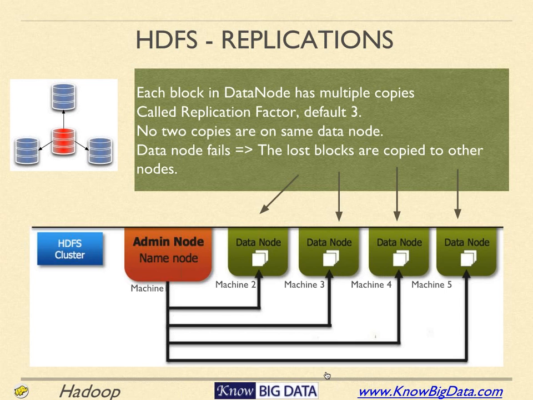Still, two copies are available. Using these two copies, a new copy is generated, which means again the total number of copies of a block will become 3. That is how the replication happens, how high availability is ensured, and how even a failure of a data node does not impact a file.